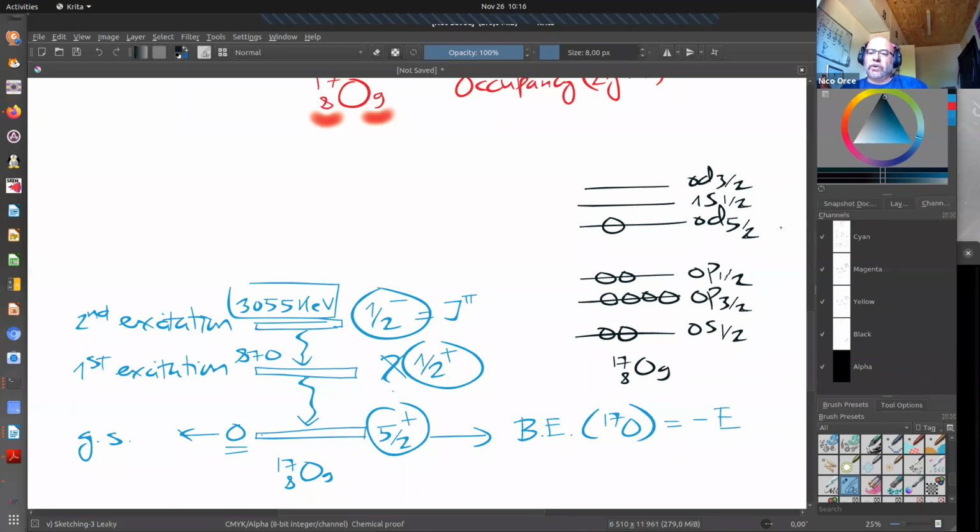So how do we produce this guy here? How do we make 1/2 minus? Manfred, what do you think? How do we produce a 1/2 minus? Remember, the parity is equal to (-1) to the L, right?